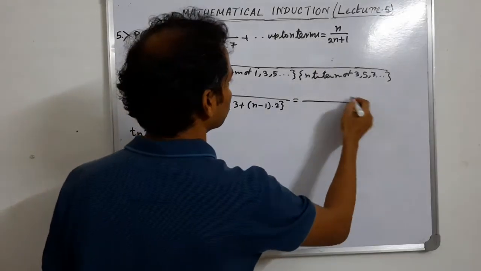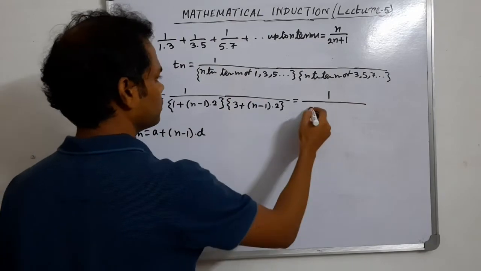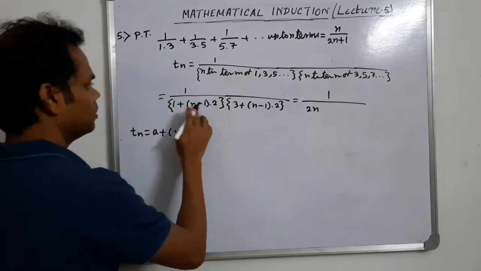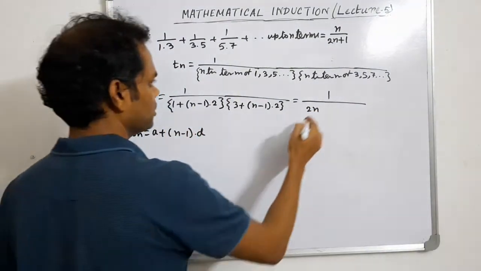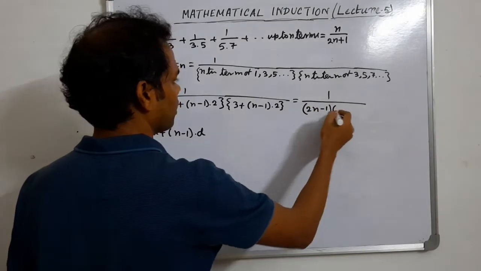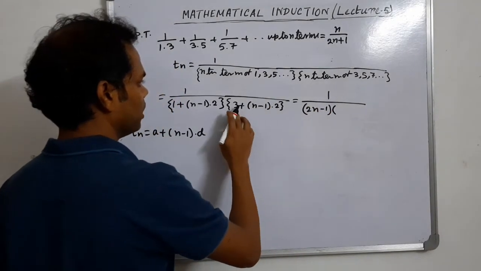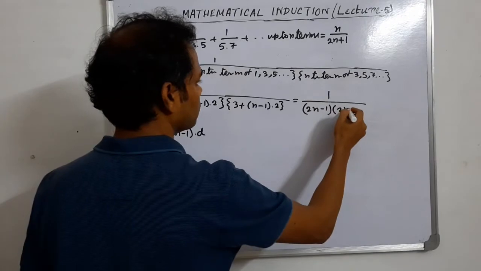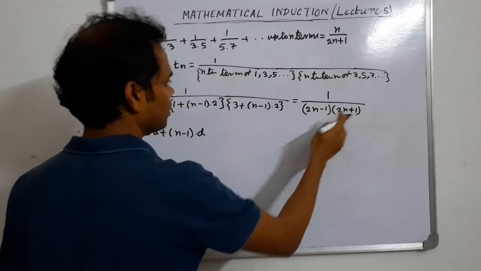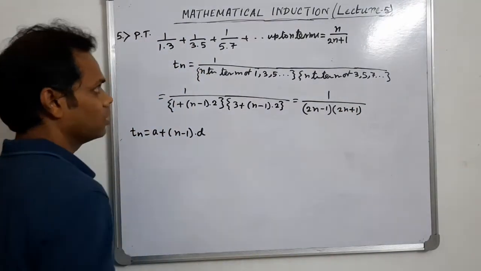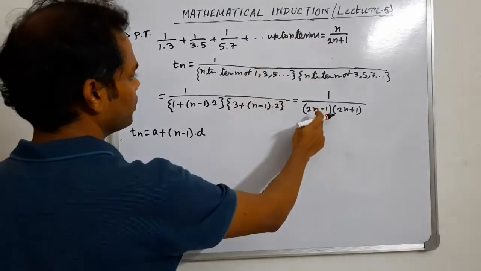So this one is 2n minus 2 plus 1, that is 2n minus 1, and the next one is 2n plus 3 minus 2, that is 2n plus 1, or just 2 more than the first term. So in the place of the nth term we can write this.